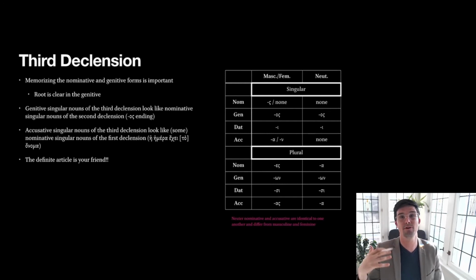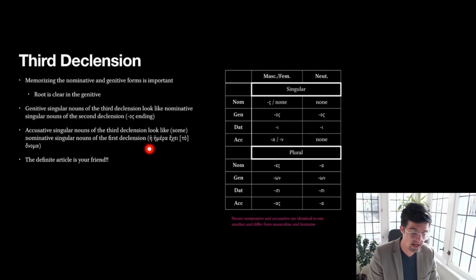So the definite article, when it's there, is always going to help you out. And this is why I've urged you over and over again to memorize that definite article paradigm very well. If you haven't done it yet, I still encourage you. This is not going to be the last time that I tell you that memorizing the definite article paradigm is going to help you. It's going to help you again in the future with other new things that we're going to learn.